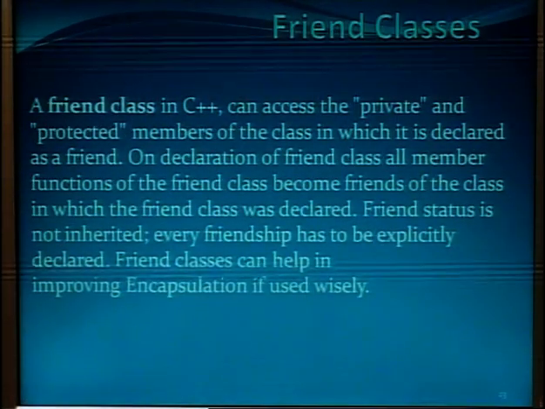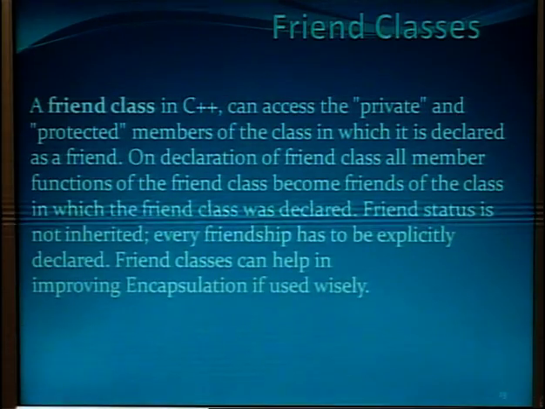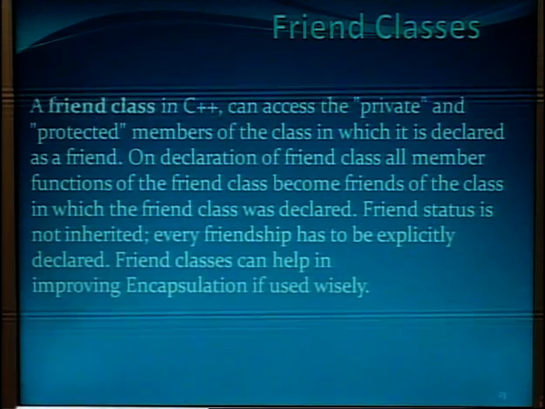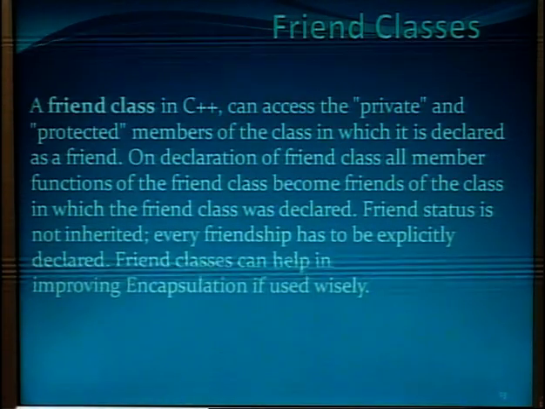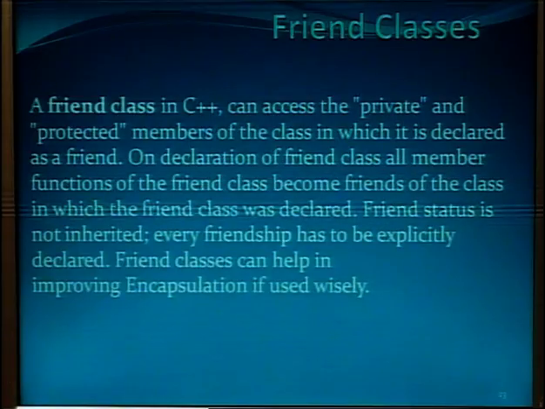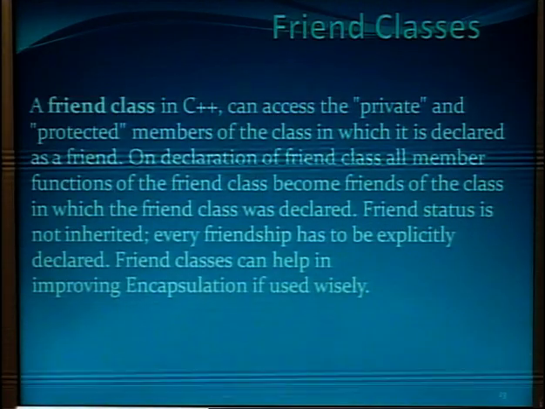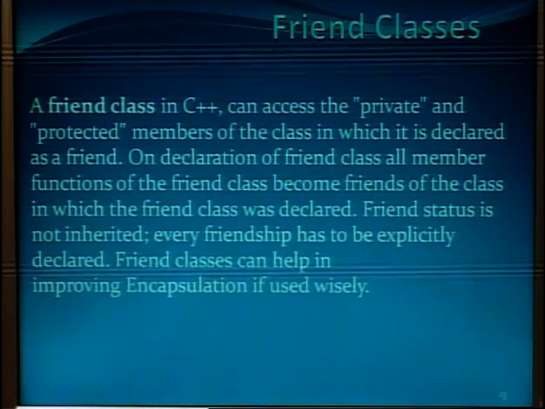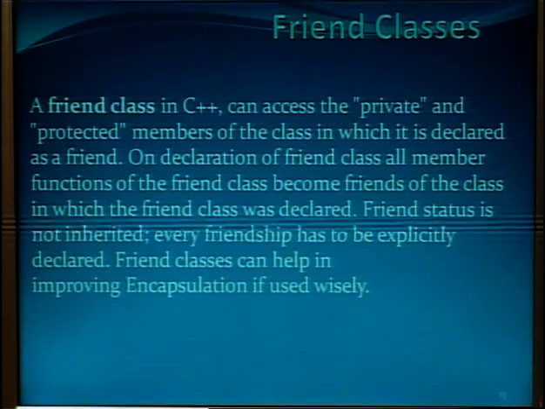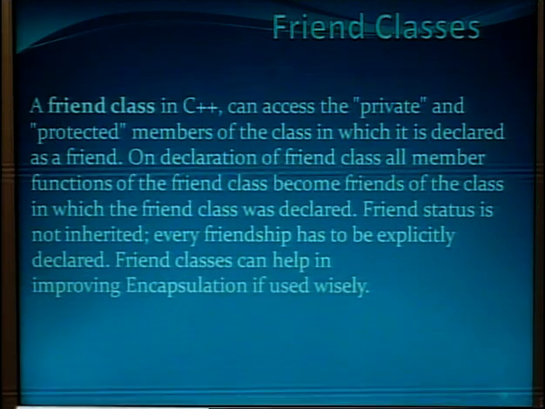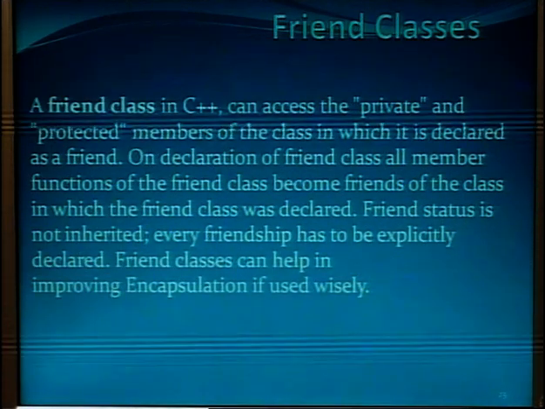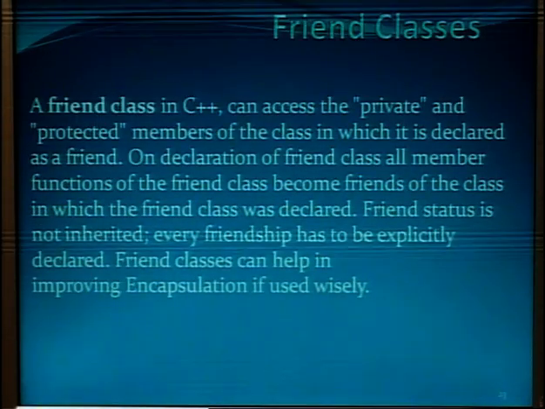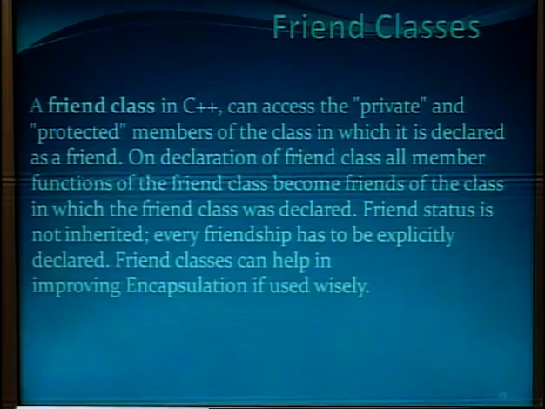Now, friend classes. A friend class in C++ can access the private and protected members of the class in which it is declared as a friend.